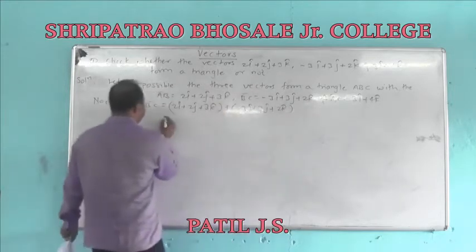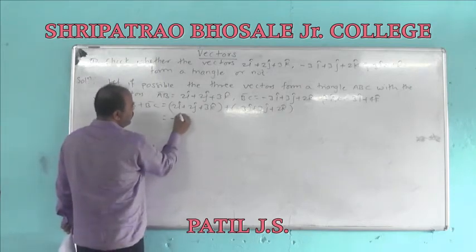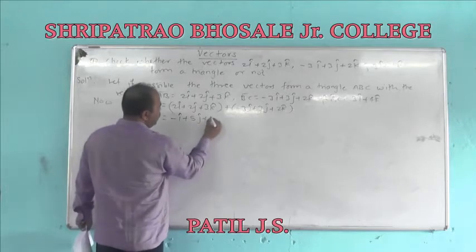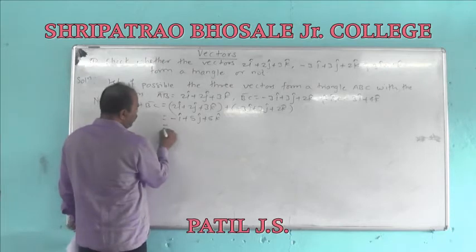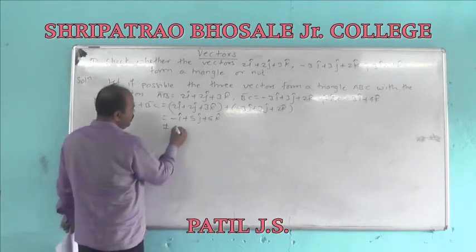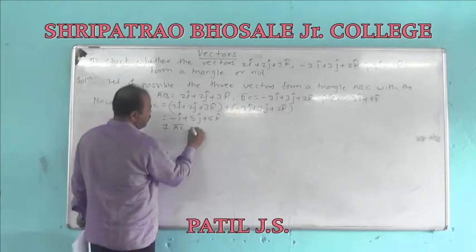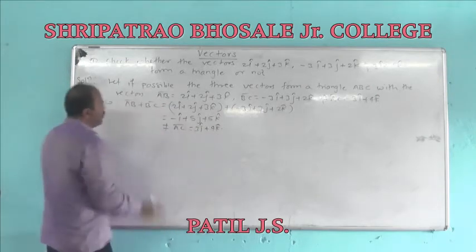This is equal to minus i cap plus 5j cap plus 5k cap, which is not equal to AC bar, that means it is not equal to 3i cap plus 4k cap.